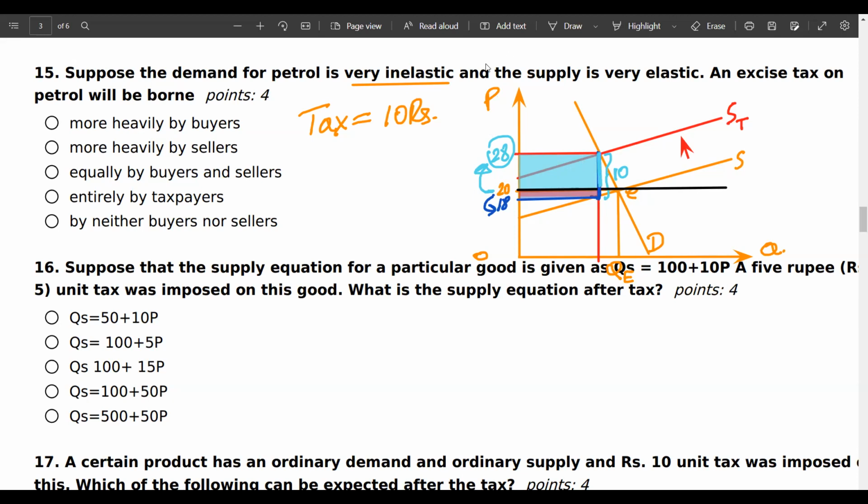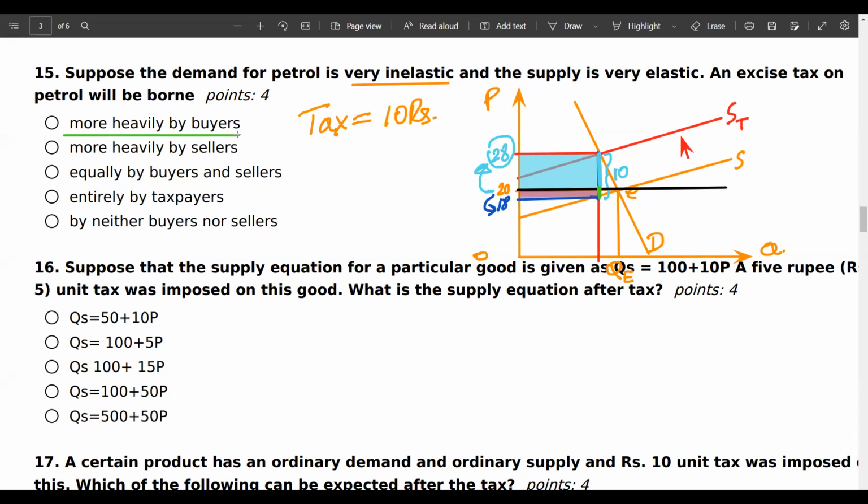And the part that is below the line is always the producer's burden of tax. And which part is bigger now? Consumer's burden. So you say it is borne more heavily by buyers. Buyers are paying most of the tax, whereas producers are paying some part of the tax, but a very, very small part only. So that's about that question.